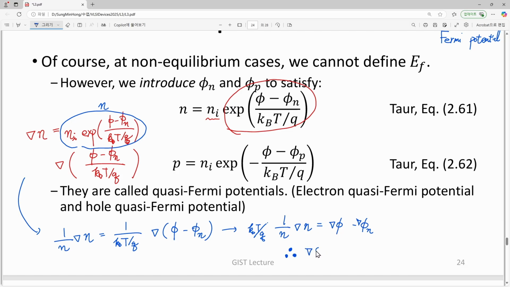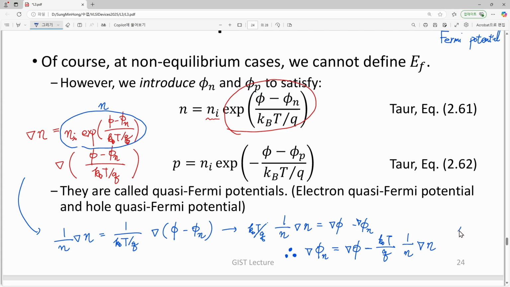Gradient of quasi-Fermi potential is equal to gradient of electrostatic potential minus thermal voltage, 1 over n and gradient of electron density.